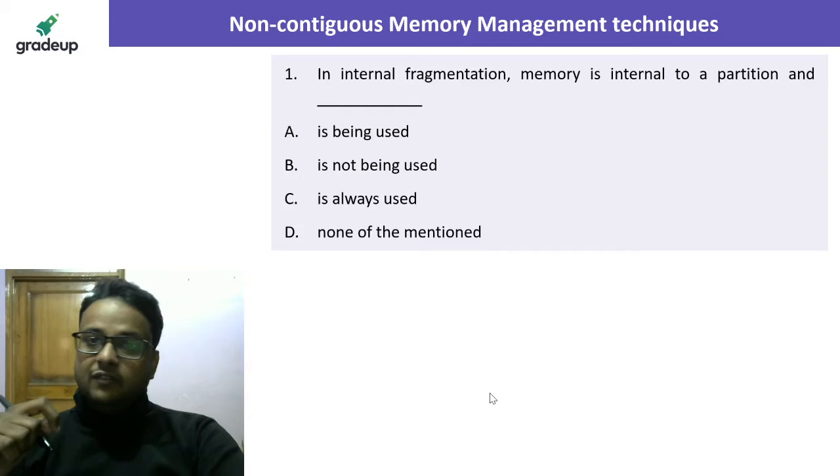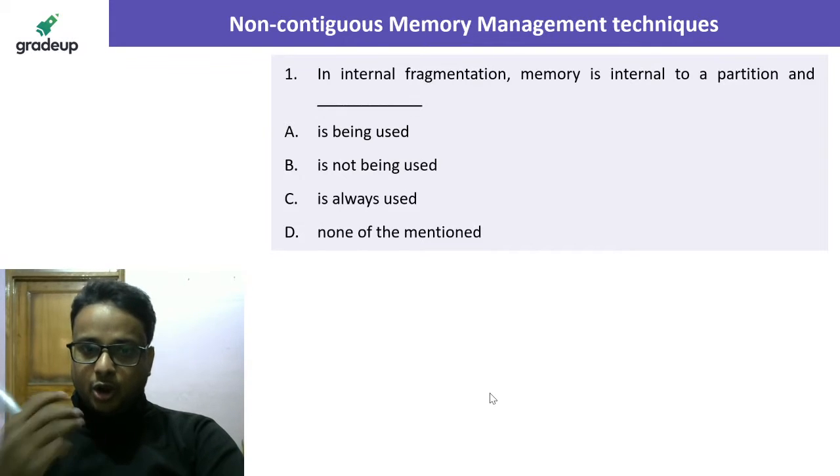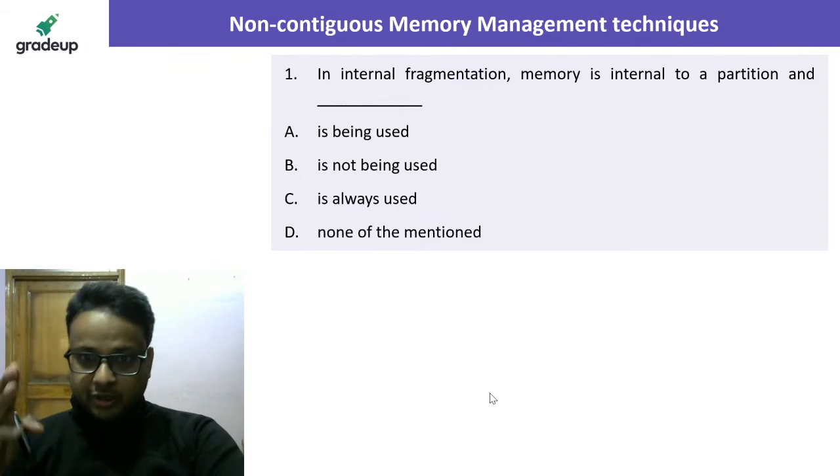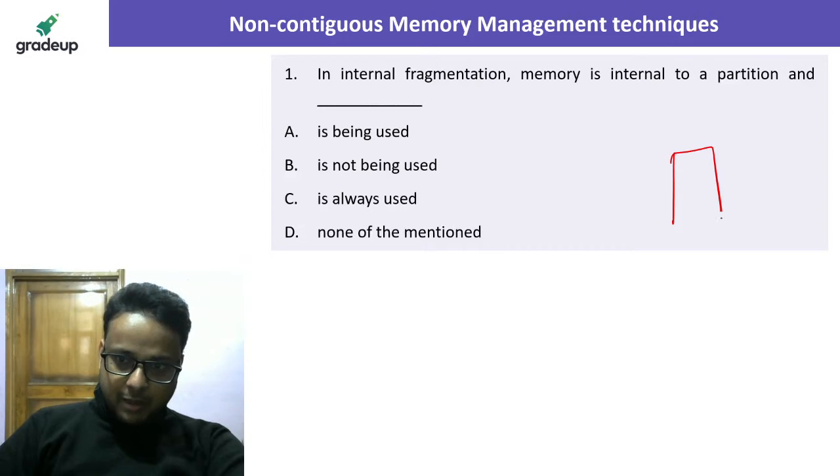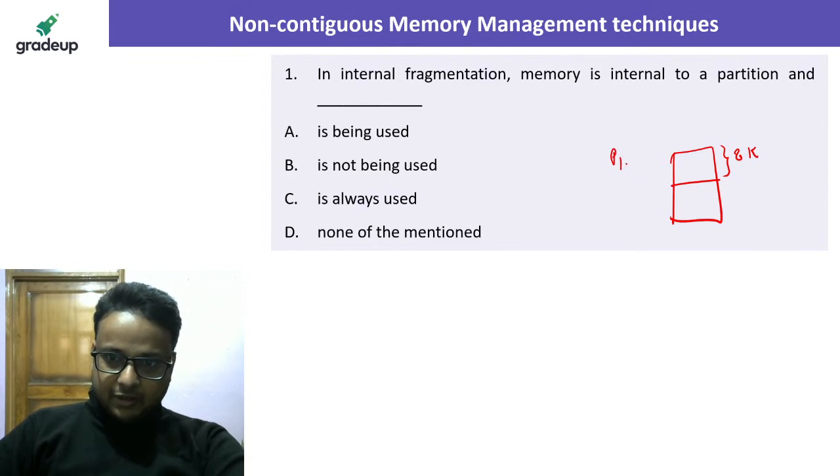In internal fragmentation, they are asking whether memory will be used or not used, because memory is internal to a partition. Suppose I have a partition of 8K, and I am loading one process P1 of 6K. So this is the block, and I will be loading this.